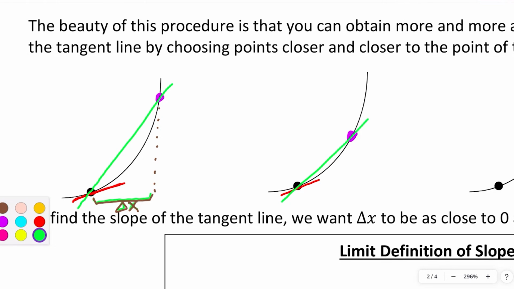It's not super obvious here. I could have probably chosen a better curve for this, but the slope of that green line, now that we've made the delta x a little smaller, is going to be a better approximation than the original line.